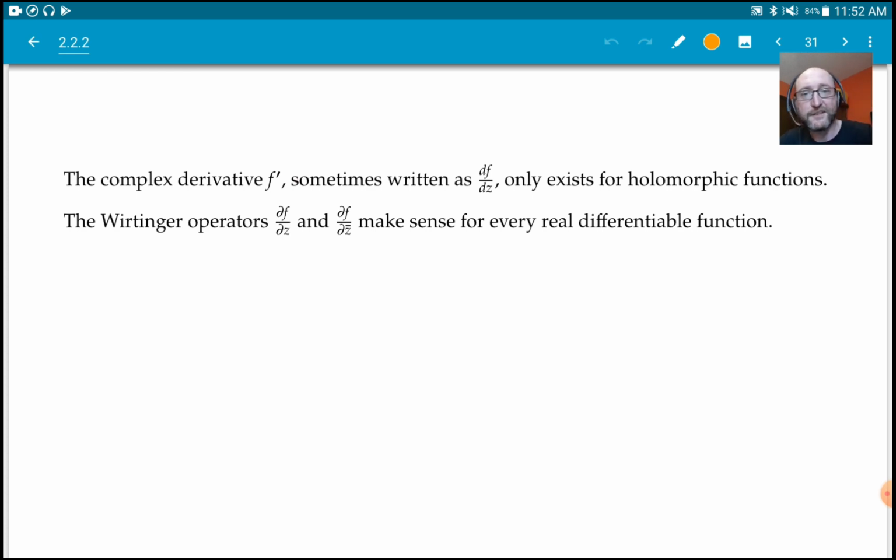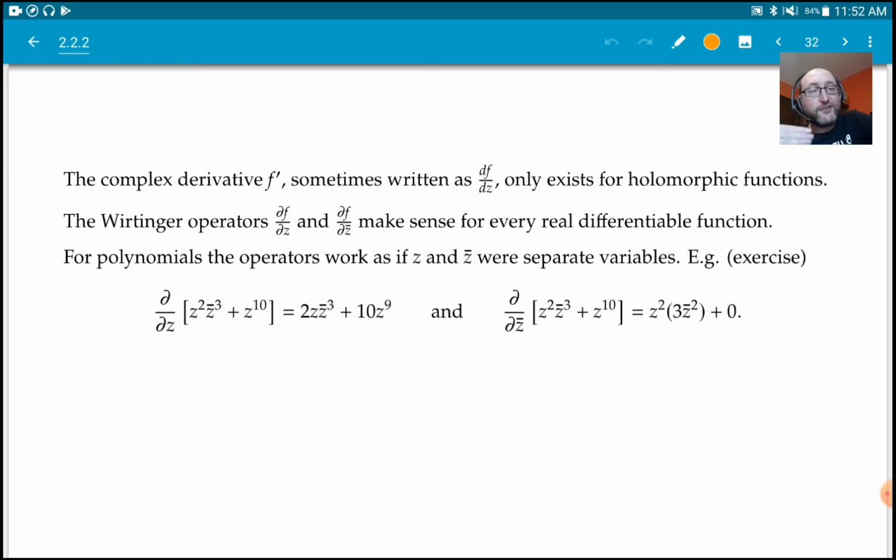So that's different from the curly guy, which is the Wirtinger operator. Because the non-curly guy, the regular complex derivative, only exists for holomorphic functions, whereas the Wirtinger operators exist for any real differentiable function, or any function with partial derivatives, really.